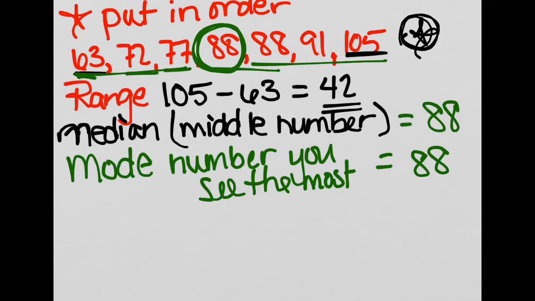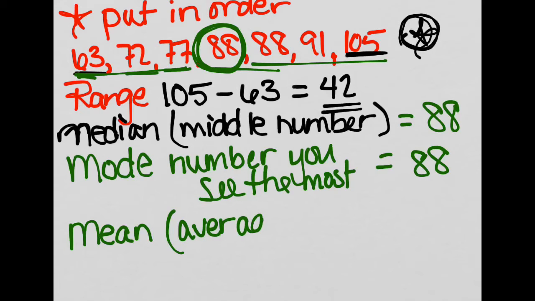Okay, and then my mean. My mean is the average. So average means I'm going to add all 7 of these numbers up, and then I'm going to divide by the number of numbers. So my first step is going to be to add 63 plus 72 plus 77 plus 88 plus 88 plus 91 plus 105 equals 584.